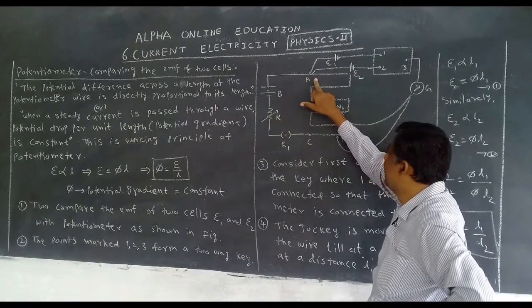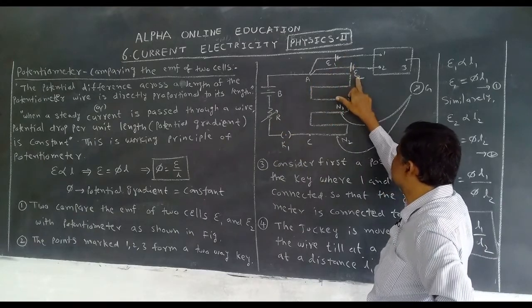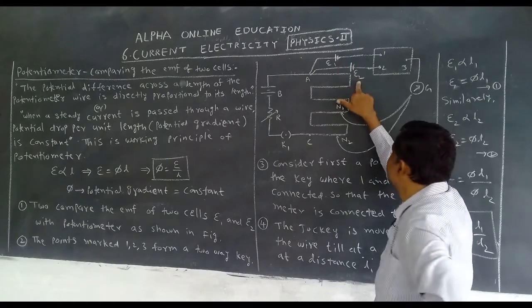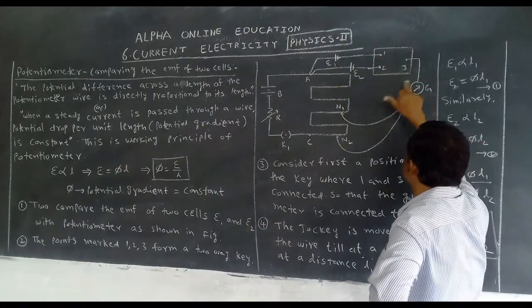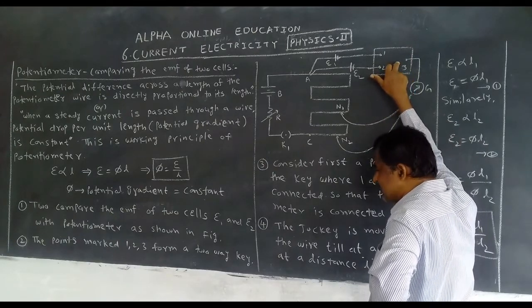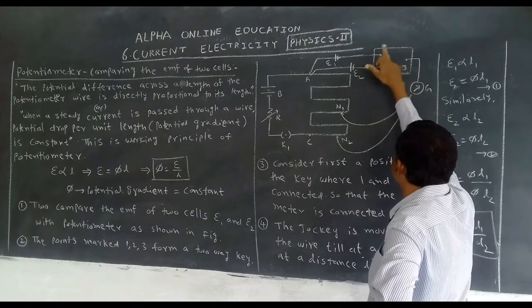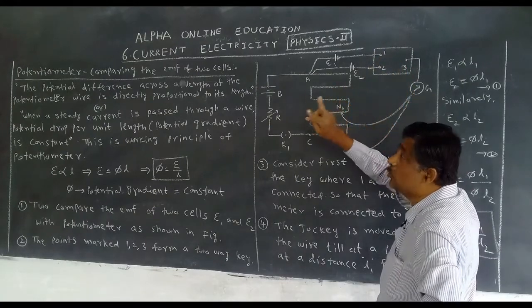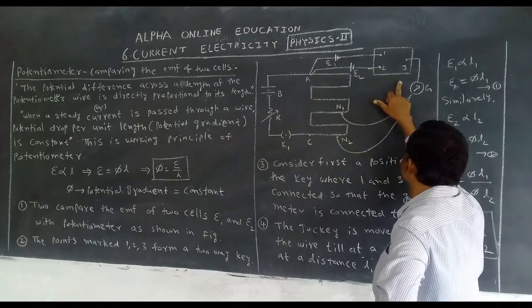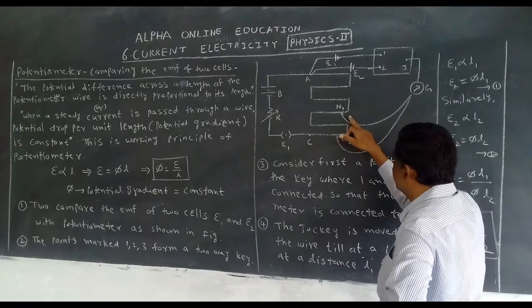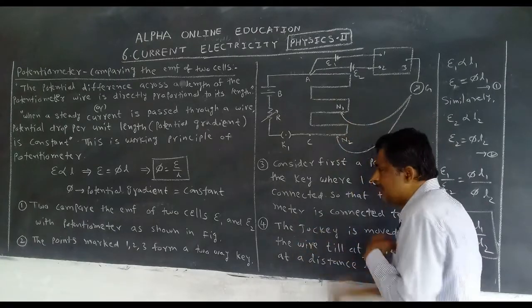Now, from point A, we take two cells, E1 and E2. These two cells are connected to points 1, 2 and 3. This is called a two-way key. It is connected to the galvanometer. The galvanometer is connected to the jockey, but I have not mentioned it there.